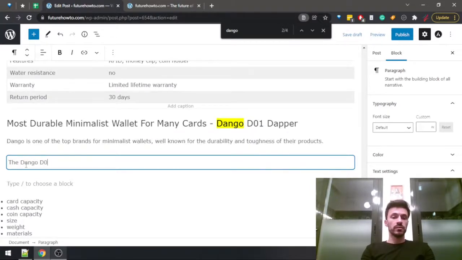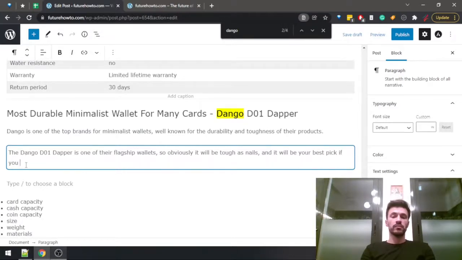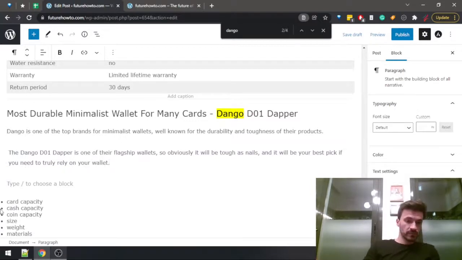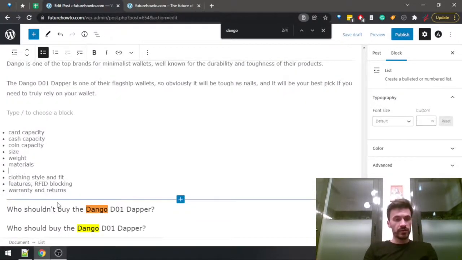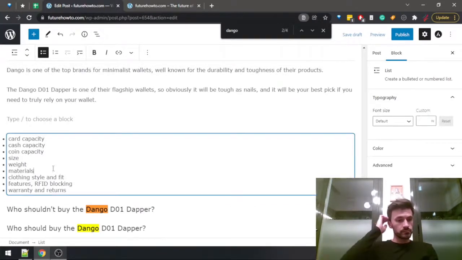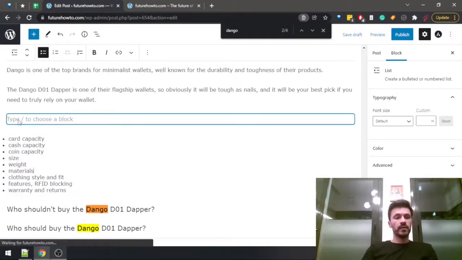The Dango DR1 Dapper is one of their flagship wallets. So obviously it will be tough as nails, and it will be your best pick if you need to truly rely on your wallet. So we have, I guess, quality there. Okay, card capacity.